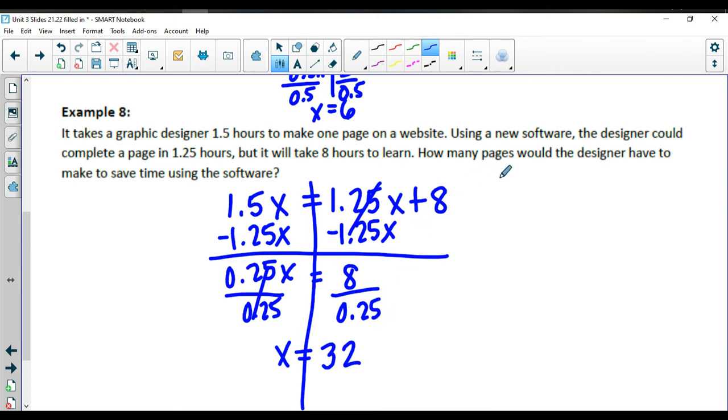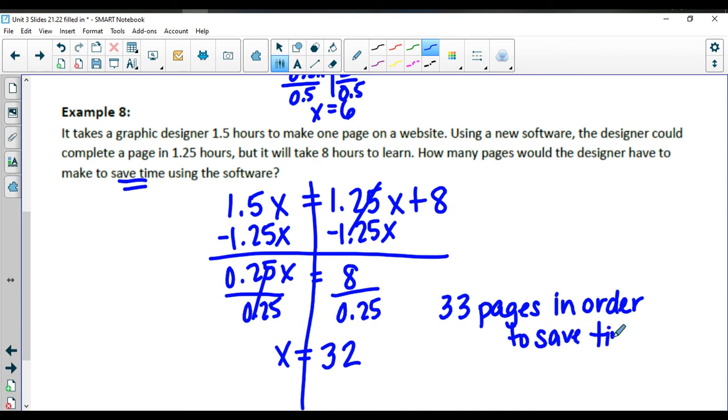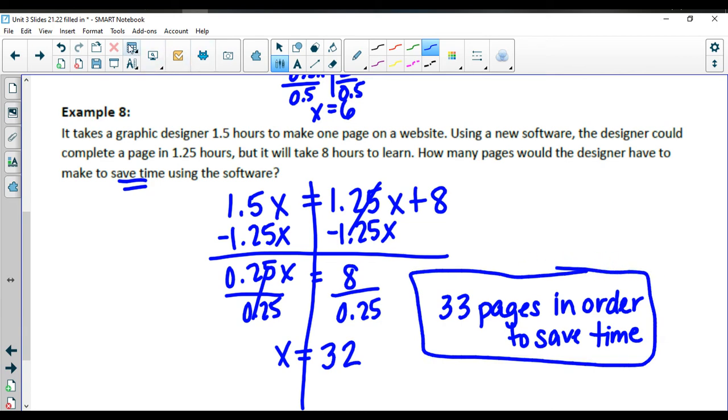So at 32 pages, the designer is actually going to be equal in terms of time. But it wants to know how many pages would the designer have to make to actually save time using the software. So the designer would need to make 33 pages in order to actually save time. It's not just asking when they're equal this time, but trying to figure out when would they actually start saving time.